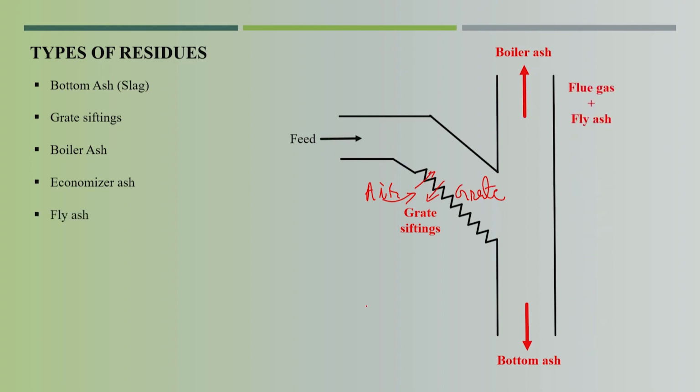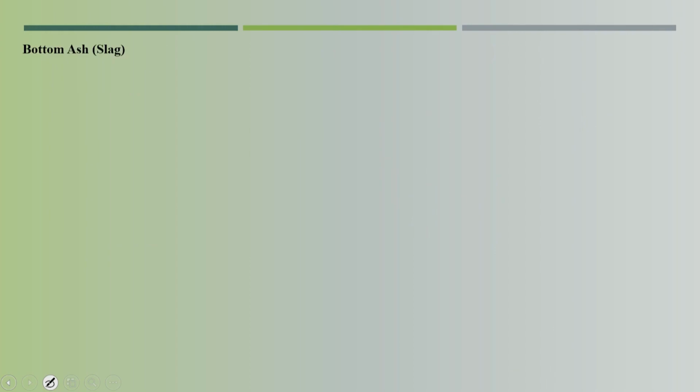This fly ash is majorly produced from the air pollution treatment system or flue gas treatment system, along with acid gas cleaning residue, which we saw in the previous class. A huge amount of liquid effluent comes out while treating the acid gases. So, we will go one by one.